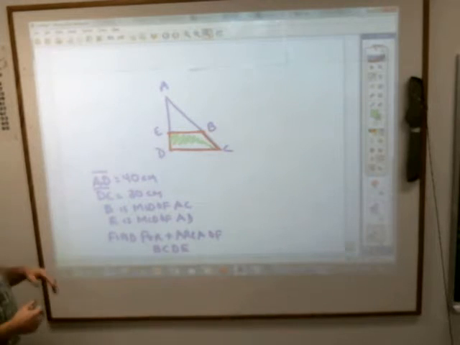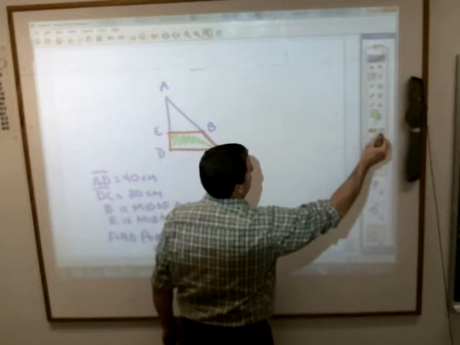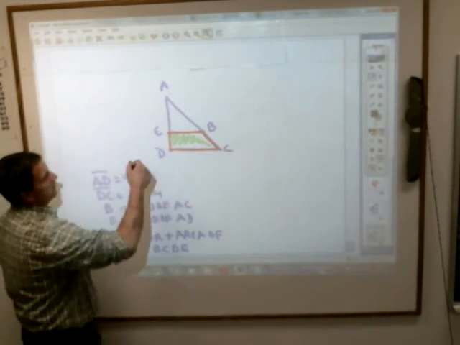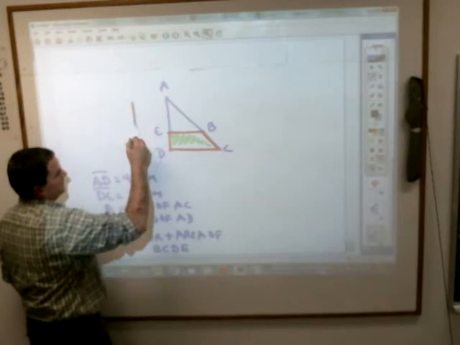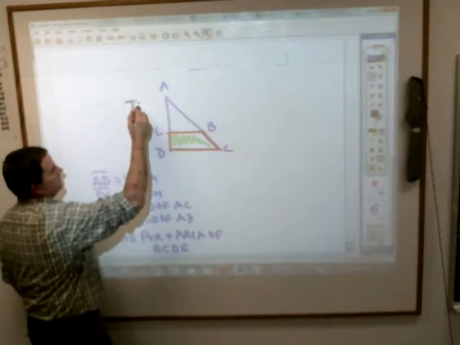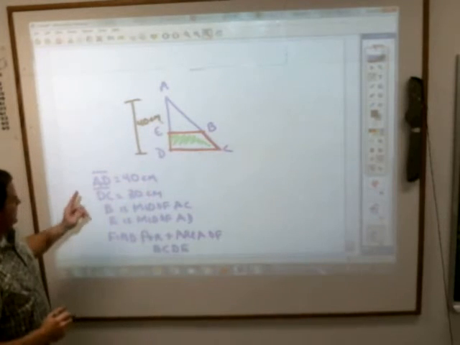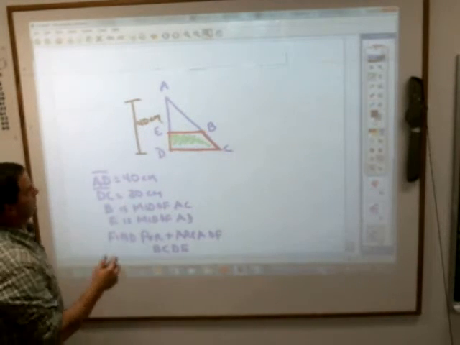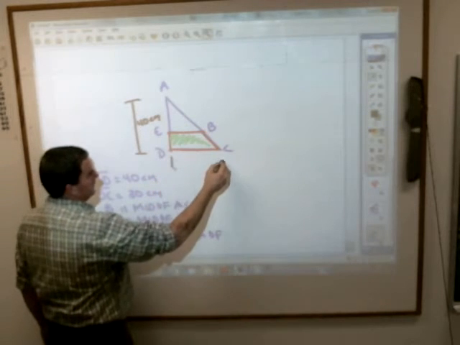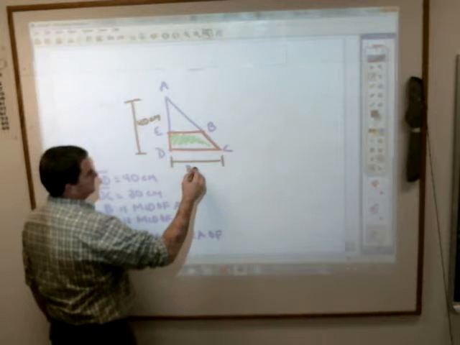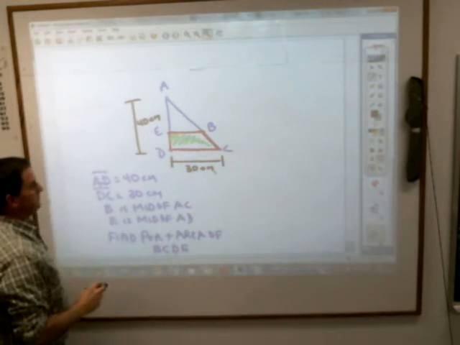Okay? Now how am I going to do that? Well, let's take apart right now what we know for sure. We know AD is 40 centimeters. So from here to here is 40 centimeters, right? I know that DC is 30 centimeters. And that's all I know.